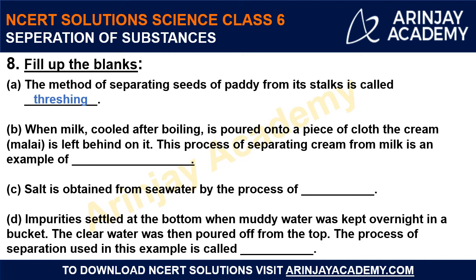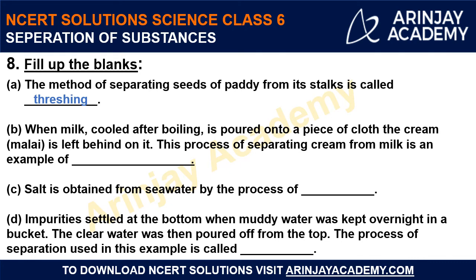Alright. The B1. When milk cooled after boiling is poured onto a piece of cloth, the cream or the malai is left behind on it. This process of separating cream from milk is an example of. So यहाँ पर आपको पूछा है that अगर हमने milk लिया हुआ है and we try to boil it and also allow it to cool, so we have observed that at the top a fat layer or the layer of fats get deposited.